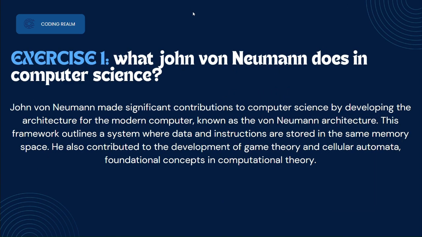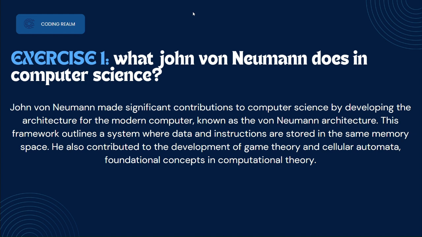Now let's solve this exercise. What does John von Neumann do in computer science? John von Neumann made significant contributions to computer science by developing the architecture of the modern computer, known as the von Neumann architecture. This framework outlines a system where data and instructions are stored in the same memory space.